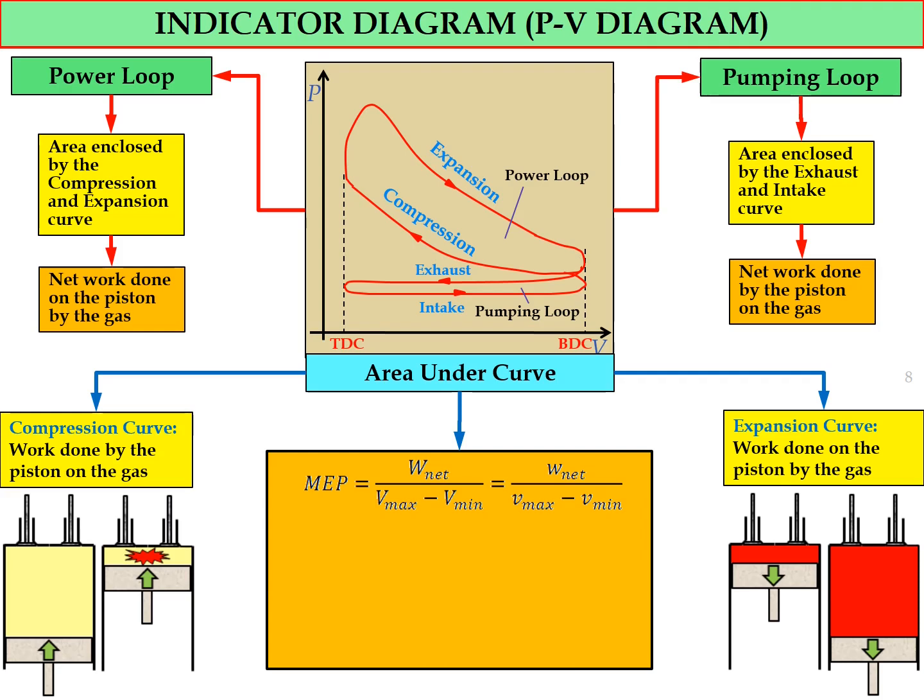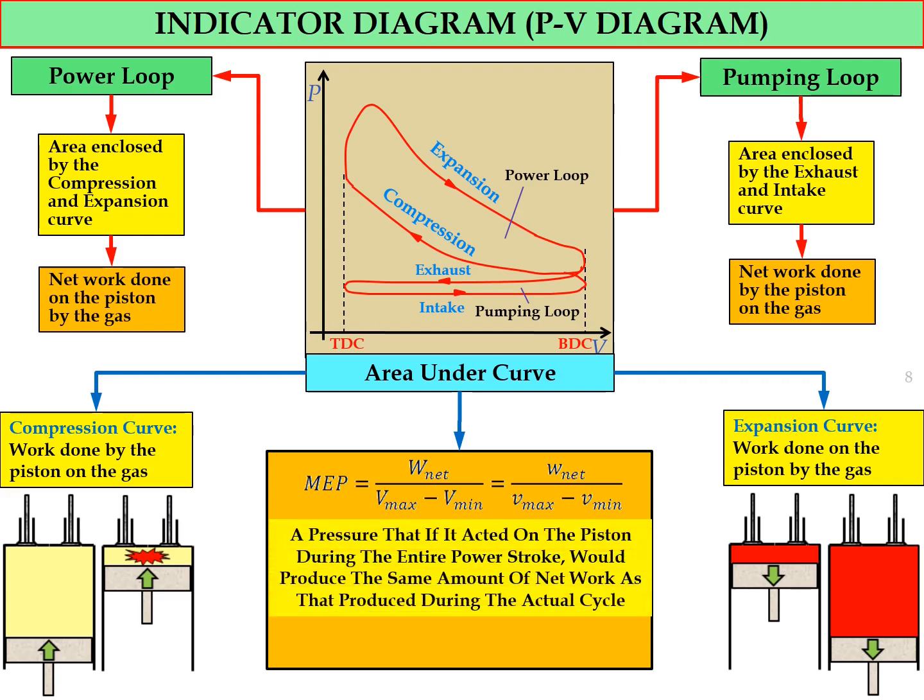The first equation involves kilojoule units, the second one involves kilojoule per kg units. This parameter MEP is a pressure that, if it acts on the piston during the entire power stroke, would produce the same amount of net work as that produced during the actual cycle. So we can use this parameter to compare the performance of reciprocating engines of equal size.